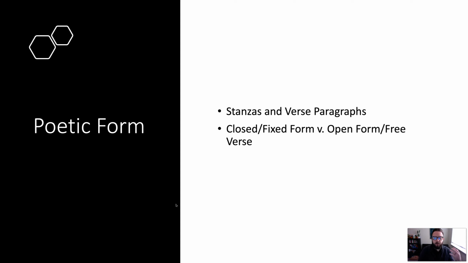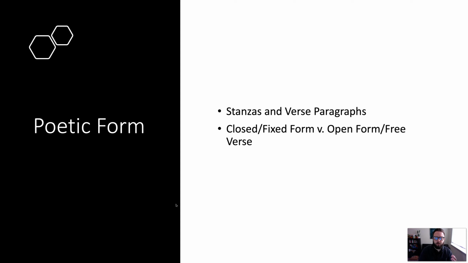So poems are made up of these building blocks that are pieced together. Sometimes they're separated out, sometimes they are grouped together. For instance, an Elizabethan sonnet is 3 quatrains and a couplet. So it's 14 lines, 3 groups of 4 lines, and then 1 group of 2.